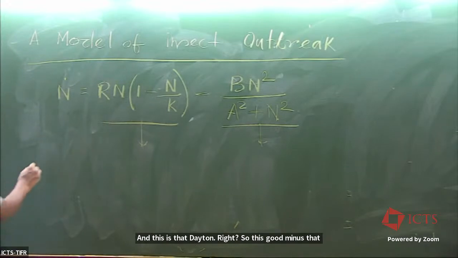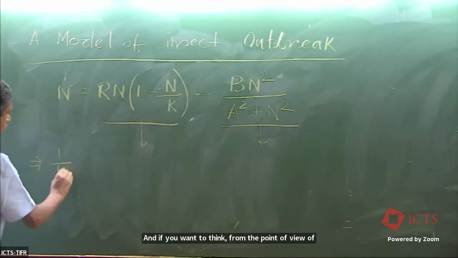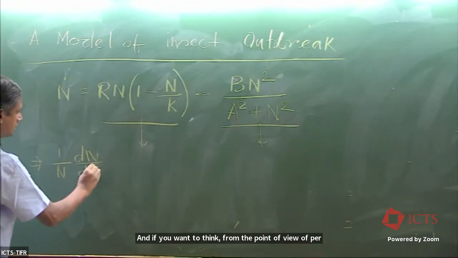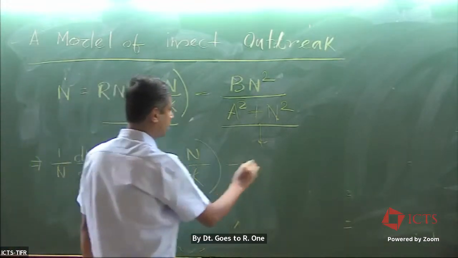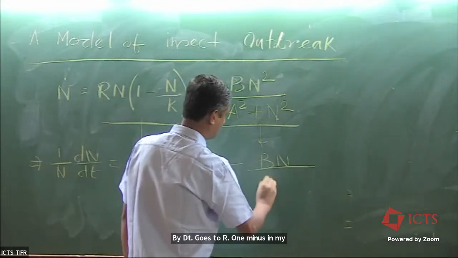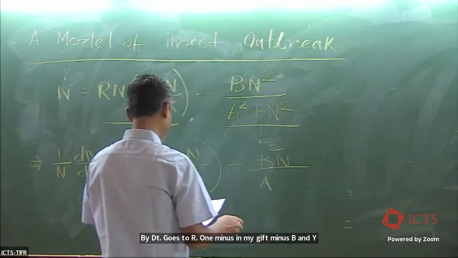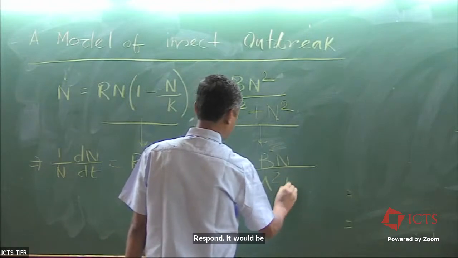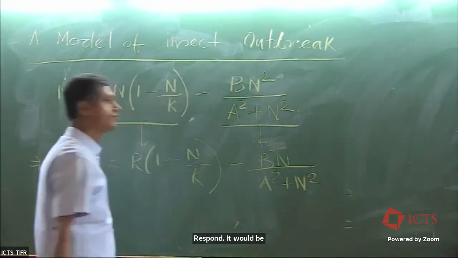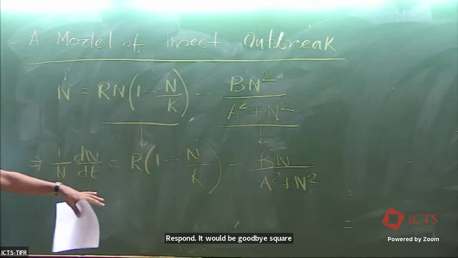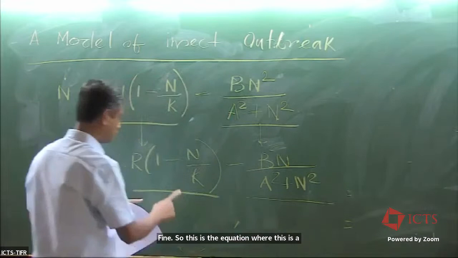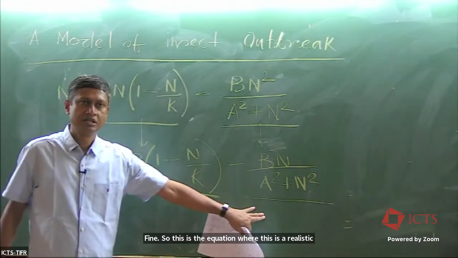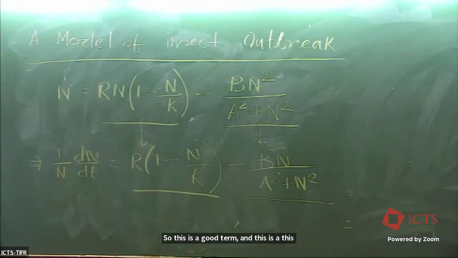From the point of view of per capita growth, this is 1/n dn/dt equals r(1 minus n/k) minus b n/(s squared plus n squared), where b is the coefficient. This is a logistic term and this is a functional response, a growth term and a death term, and it can result in really interesting dynamics.